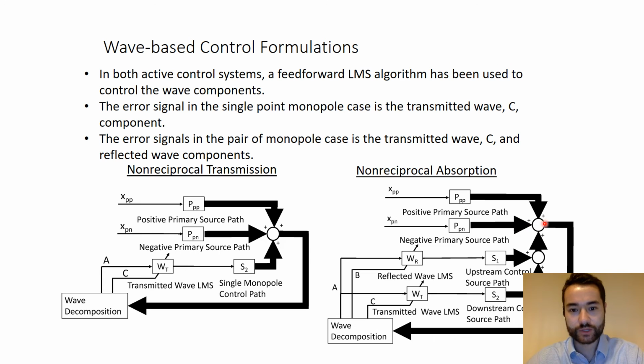Similarly, for the non-reciprocal absorption case, the pressure again is measured at each sensor, and this goes to the wave decomposition method to calculate positive and negative travelling waves in the upstream and downstream sections of the duct.